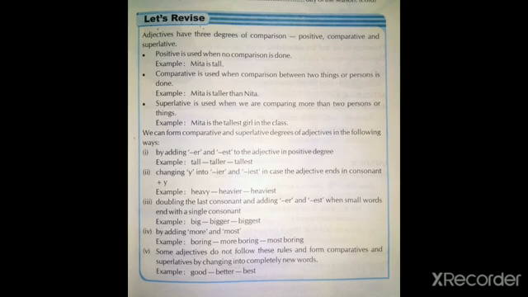We can form comparative and superlative degrees of adjectives in the following ways. There are 5 ways given. First one, by adding er and est to the adjective in positive degree. Example, tall, taller and tallest. Second way, changing y into ier and iest in case the adjective ends in consonant plus y.